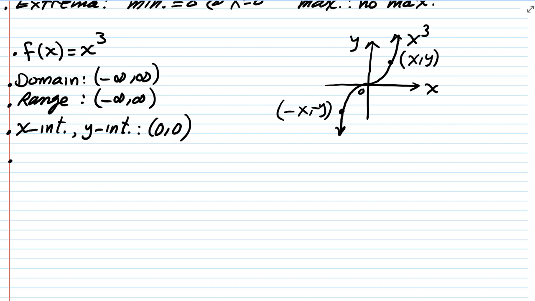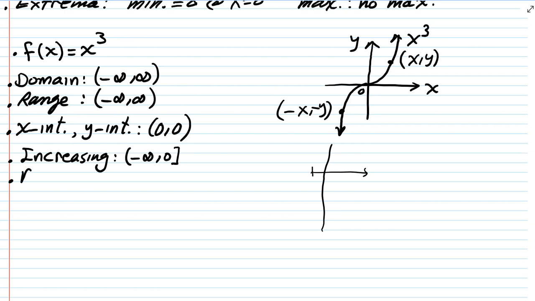Okay, increasing, decreasing. Well, let's see, as you go from left to right on the number line, you see it's rising. So it's increasing from negative infinity to 0. And then it's decreasing from 0 to infinity. Actually, I'm sorry.